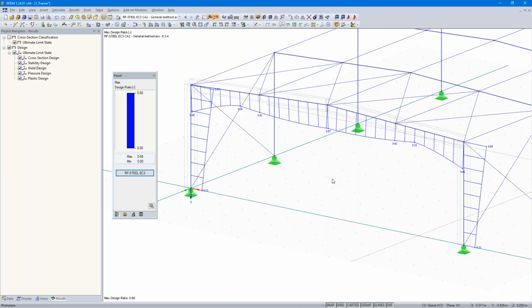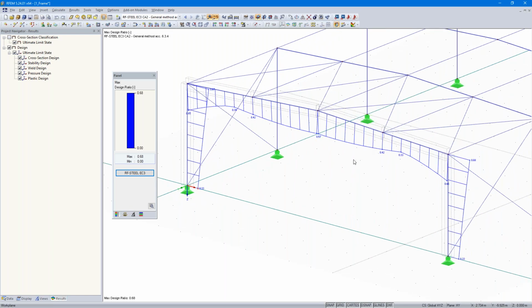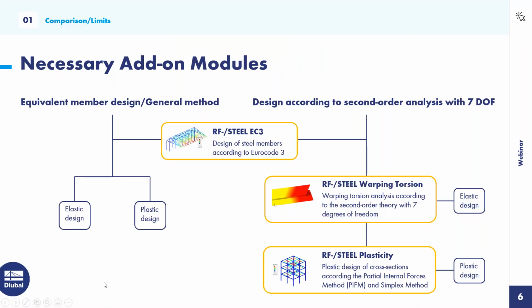Don't expect that you get exactly the same results for both methods. Those are approaches to reality, and you can't expect exactly the same results at single points. Okay, we turn back to the PowerPoint slide.